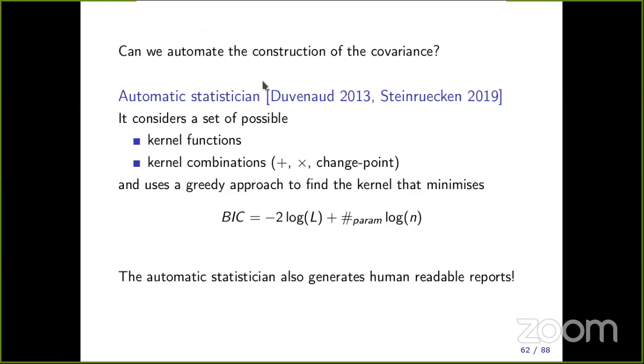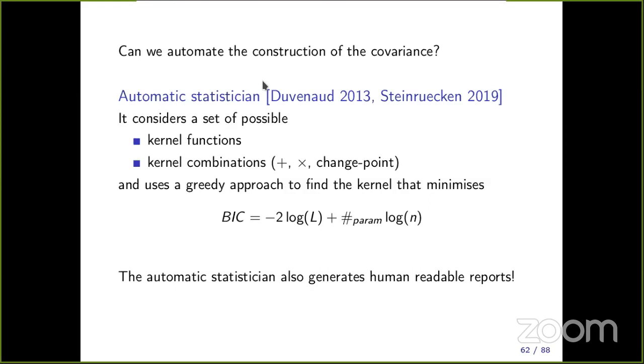And can we automate the construction of the covariance? Yes, there are some works on that. The most famous one being the automatic statistician. So the idea is to consider a set of possible kernel functions and a set of possible combinations of kernels. As we've just seen, we can sum covariances, multiply them together, or we can introduce change points.